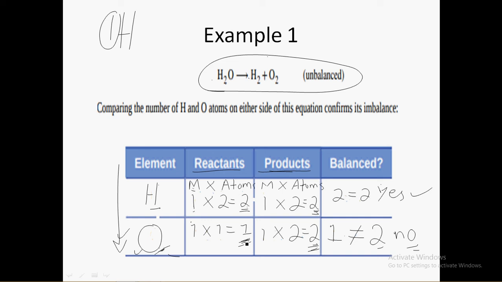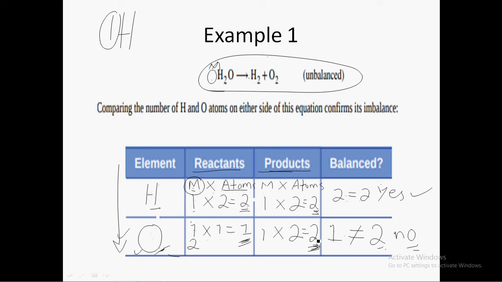So we have to add a coefficient to the smaller side, the reactants, to reach the products. We can change only the coefficients, meaning the number of molecules, but we cannot change the number of atoms. Be careful. So to get 2, I have to write here 2.